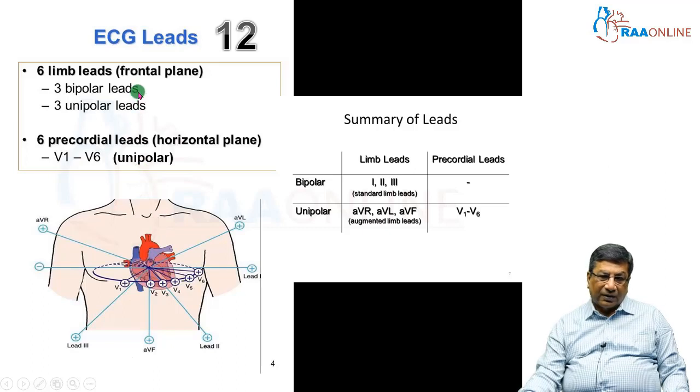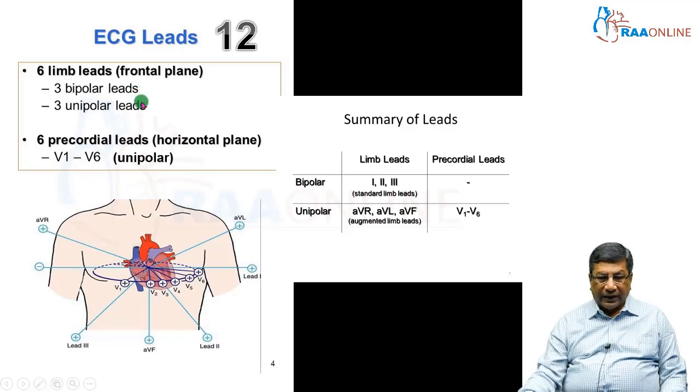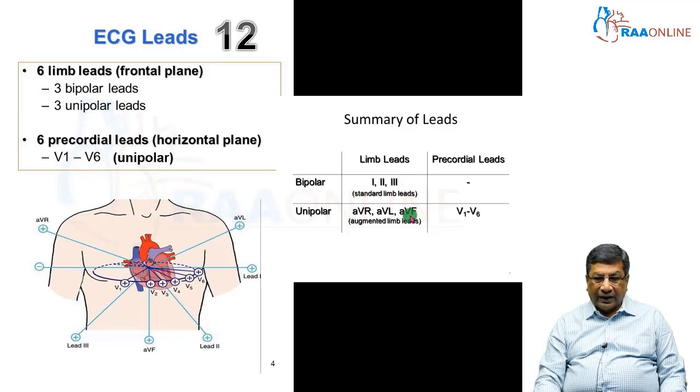The 6 limb leads are divided into 3 bipolar leads and 3 unipolar leads. We have 6 chest leads which are V1 to V6. All 6 chest leads are unipolar. Only 3 leads are bipolar in the limb leads. The bipolar leads are L1, L2 and L3, and the unipolar limb leads are AVR, AVL and AVF, and all chest leads V1 to V6 are unipolar.